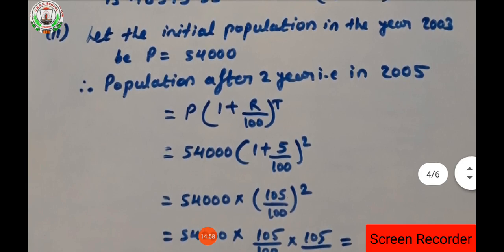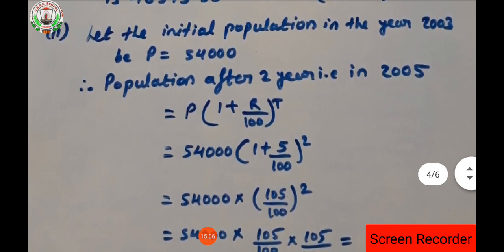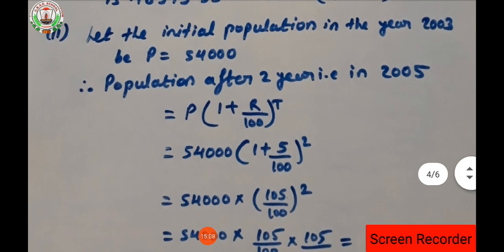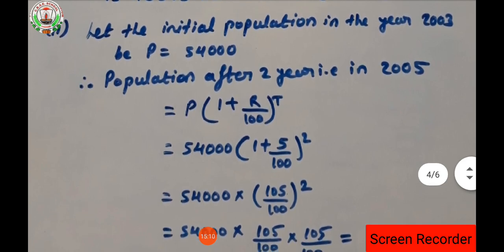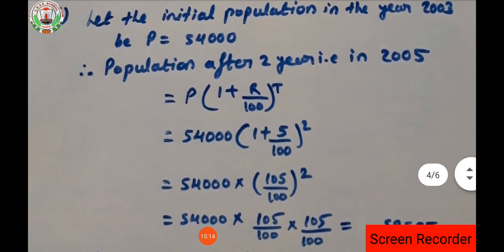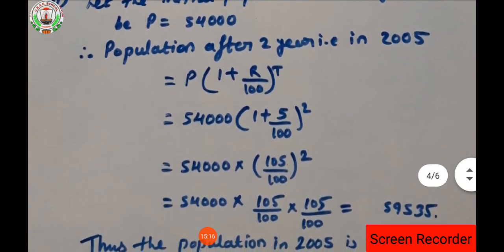Now the second part of that question is, let the initial population in the year 2003 be P, that is 54,000, since it is asking to find the population in 2001 as well as 2005. The population after 2 years, that is the 2005 population, we have to find.